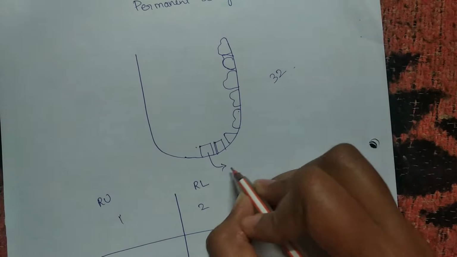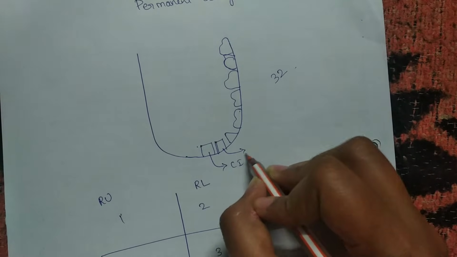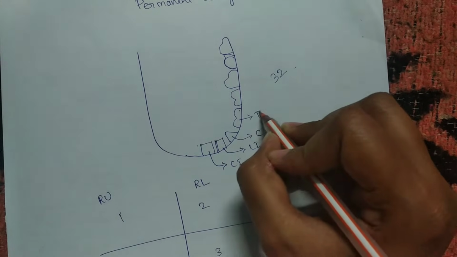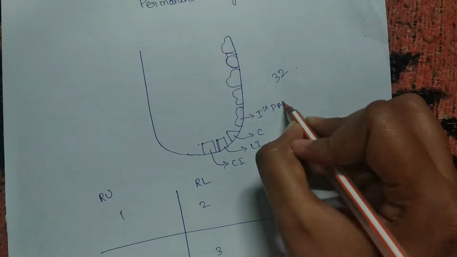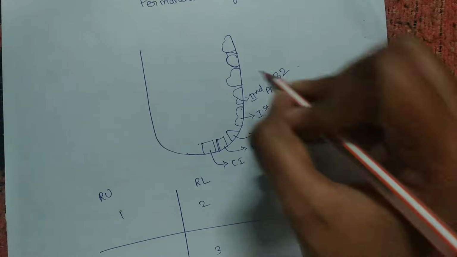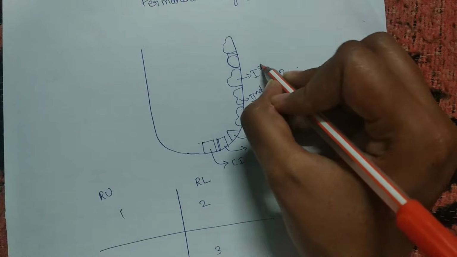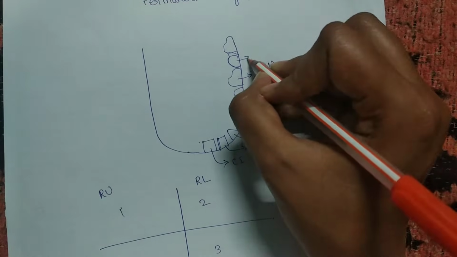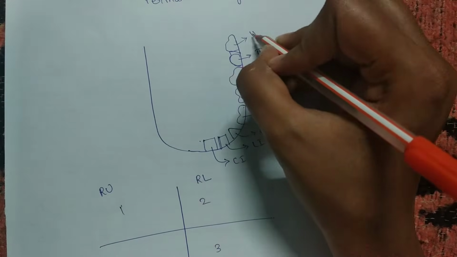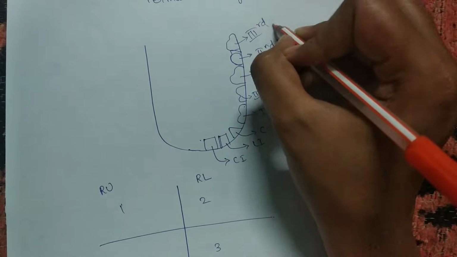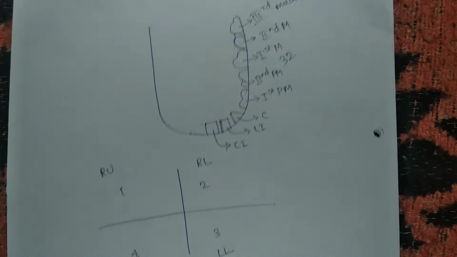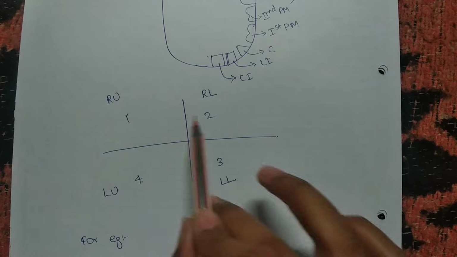So this is the central incisor, lateral incisor, canine, first premolar, second premolar, first molar, second molar, and this is third molar.